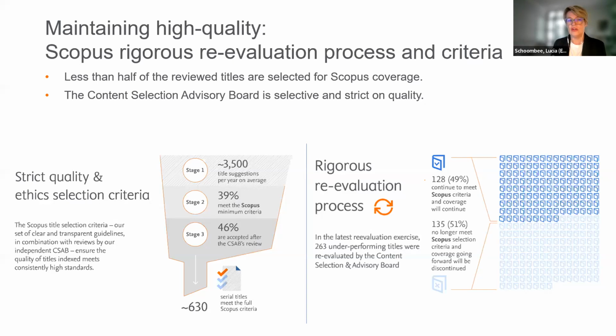And then it goes to the Content Selection and Advisory Board, which is independent from Scopus, and they look at the quality of the journal and decide whether the journal will be indexed in Scopus.